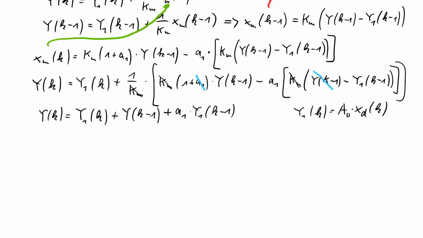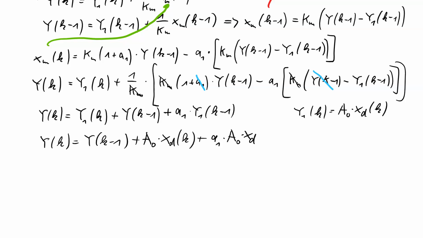So we have finally the following expression: y of k is y of k minus 1, the old output, so the new output is the old output plus a sub o times the control difference of k, plus a1 times a sub o times the control difference k minus 1.